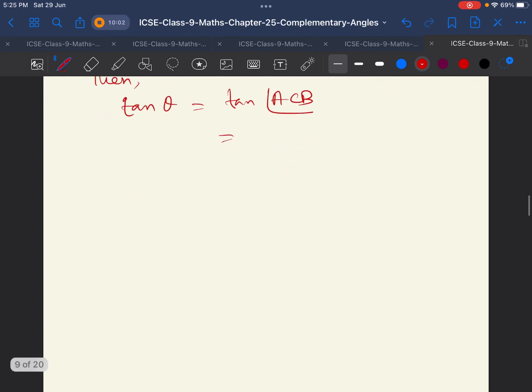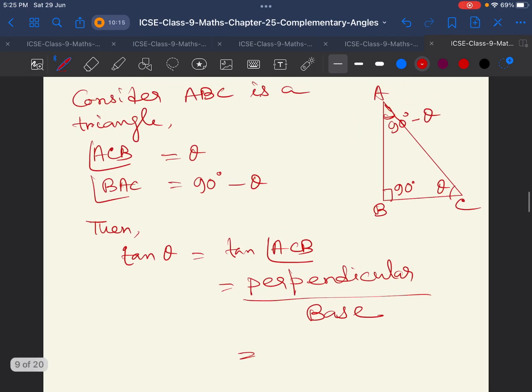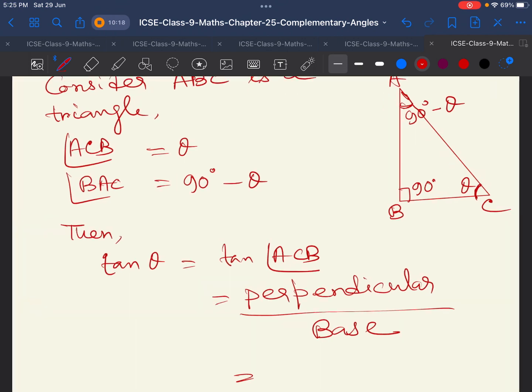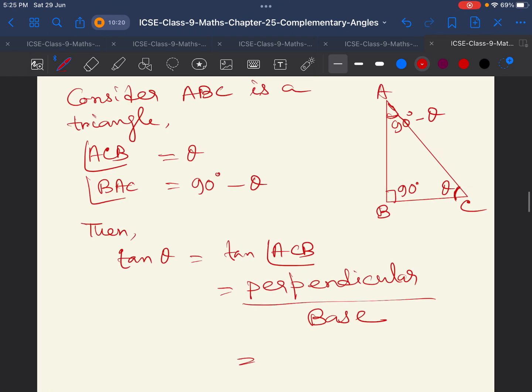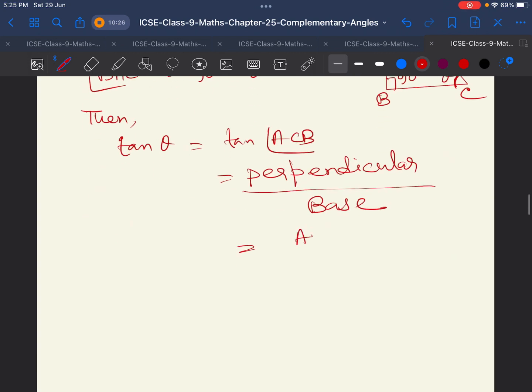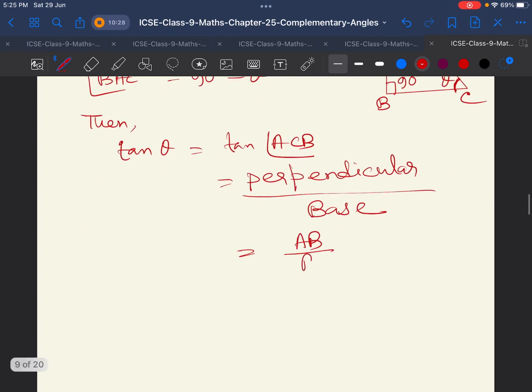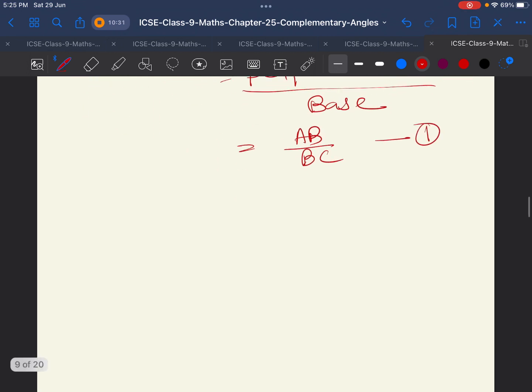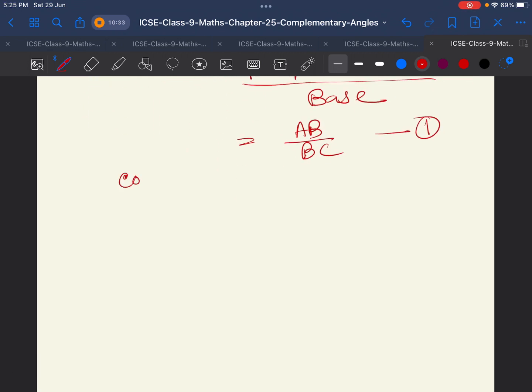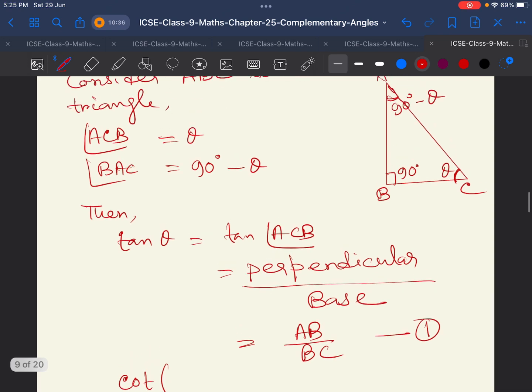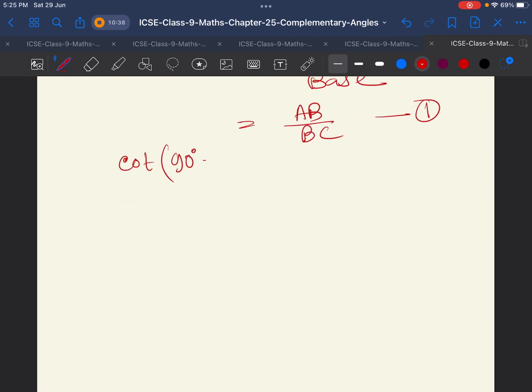We already know tan theta equals perpendicular by base. Suppose this angle is theta, so the opposite side is the perpendicular. Here the perpendicular is AB and the base is BC. So this is 1.